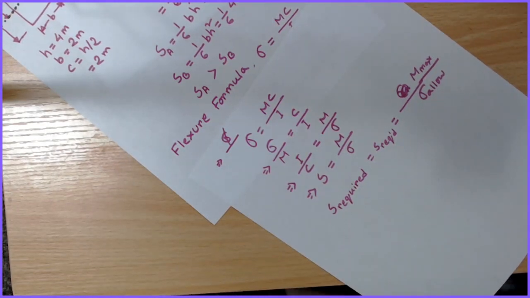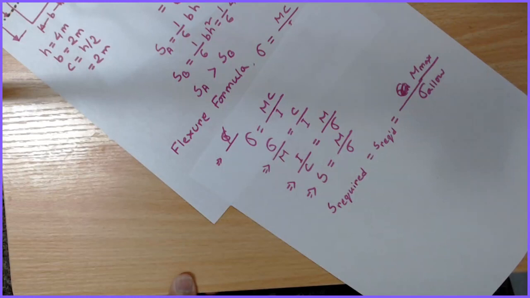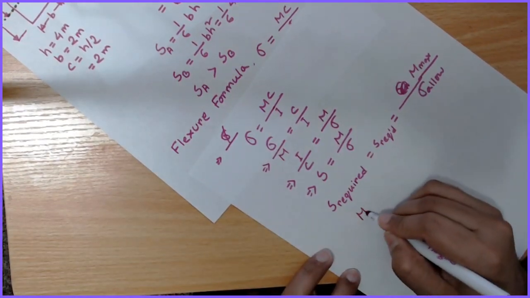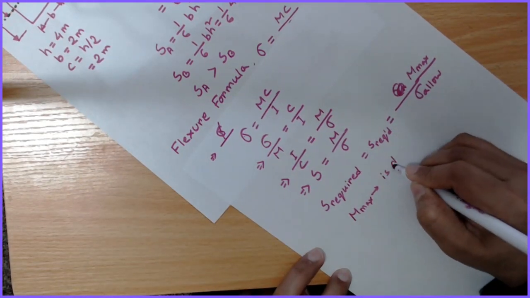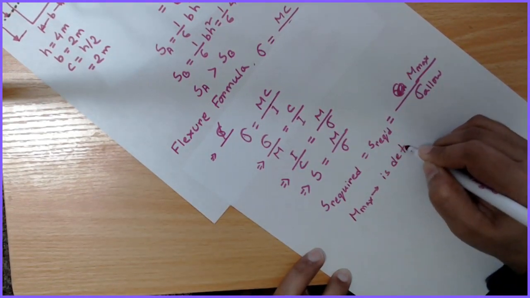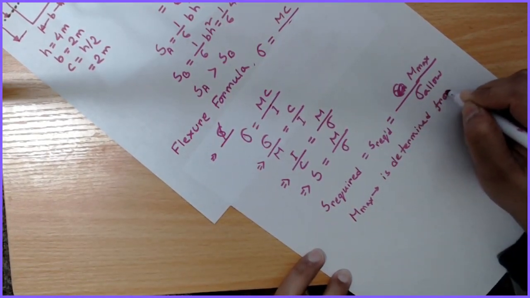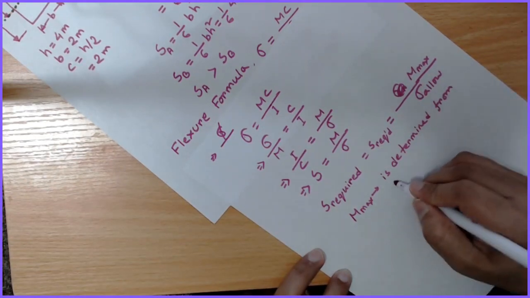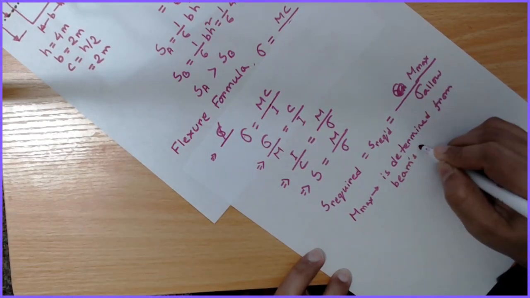So the required section modulus we can determine by dividing the maximum moment by sigma allow. So M max is determined from the beam moment diagram.